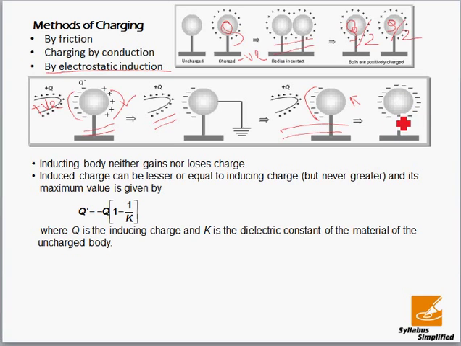Because we know like charges repel each other, so they will try to be as far away from each other as possible. So after that, this body as a whole will possess a negative charge. As you can see, we have not touched this rod to this ball. We have just kept this rod nearby to this ball.